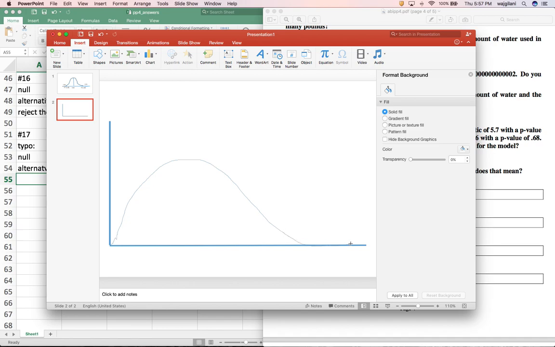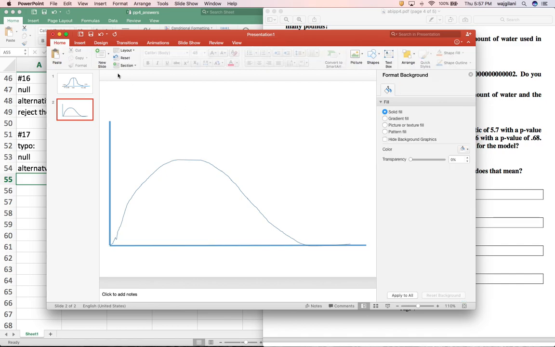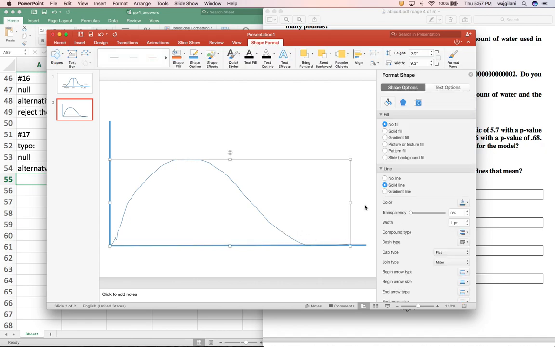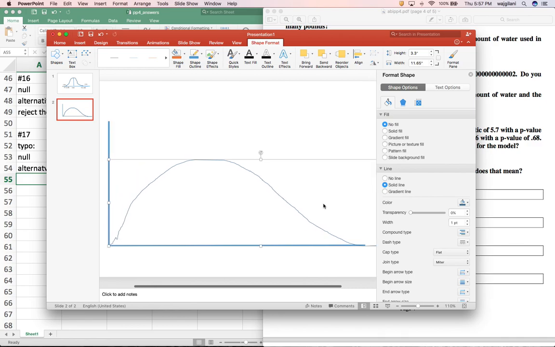It's a one-sided test, okay? And just like before, this graph should be going out further, like that.